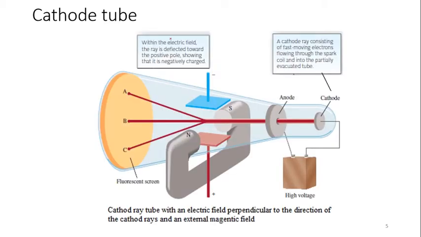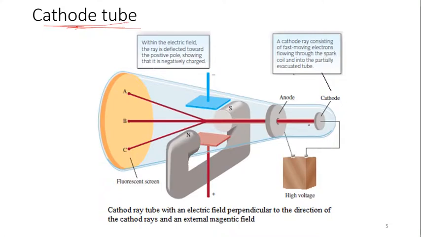Experiments with subatomic particles. By the beginning of the 19th century, scientists were more interested in studying electricity. And the study of electricity led to the discovery of electrons.